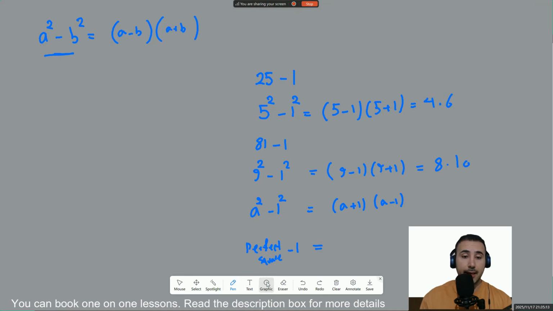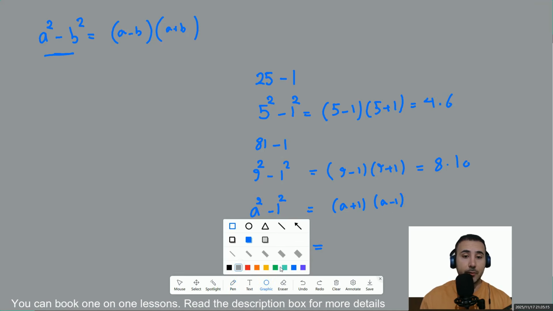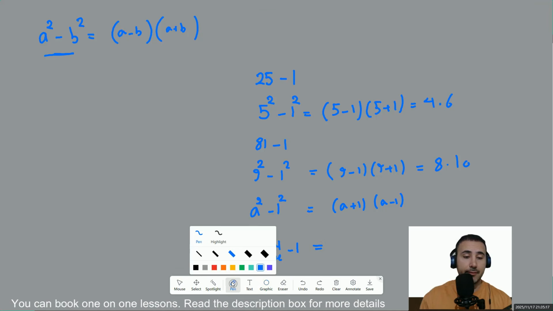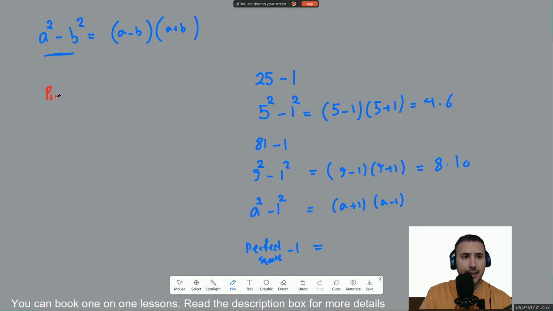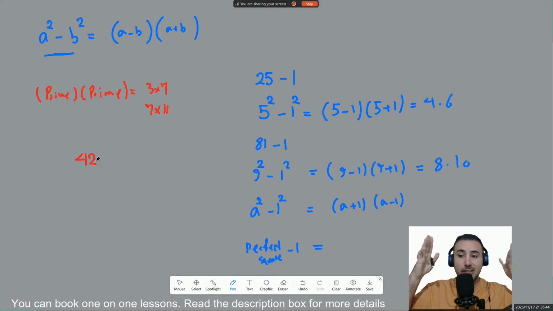And there's also the second thing, which is, I'm going to change color, prime factorization. This question is asking us to write numbers as a prime number multiplied by another prime number. What numbers we can write, what numbers we can't write. For example, prime times prime, like 3 times 7, like 7 times 11, it's okay. But a number like 42, can we write it as prime times prime?